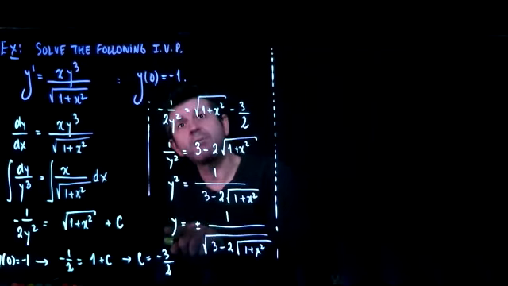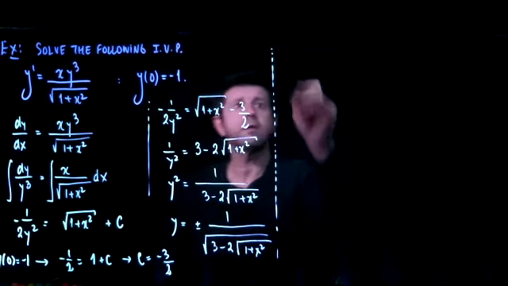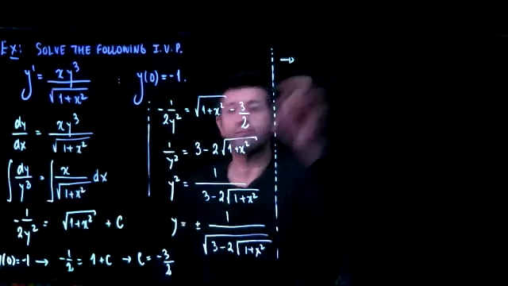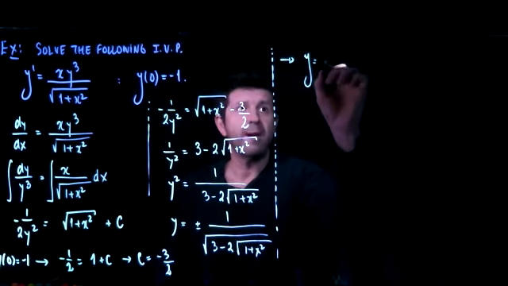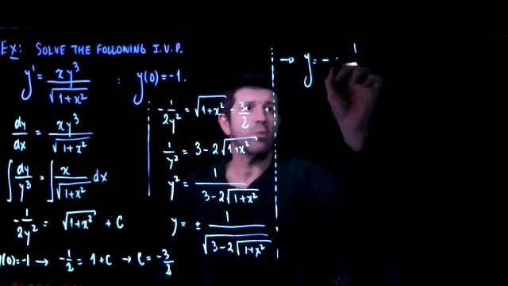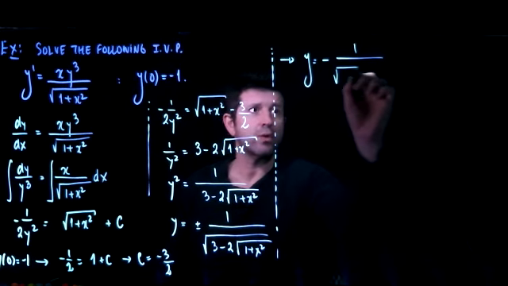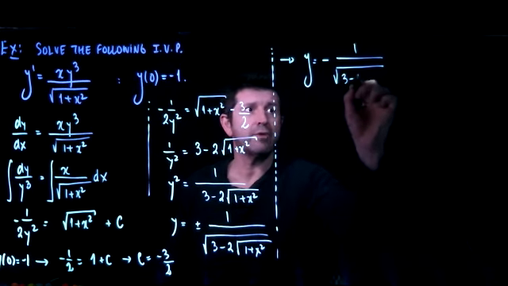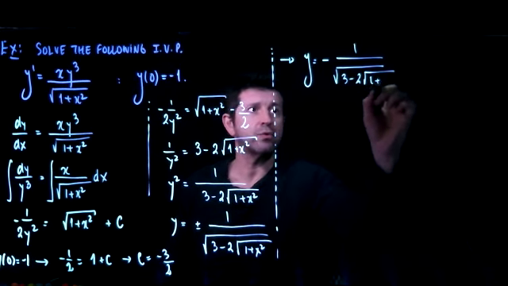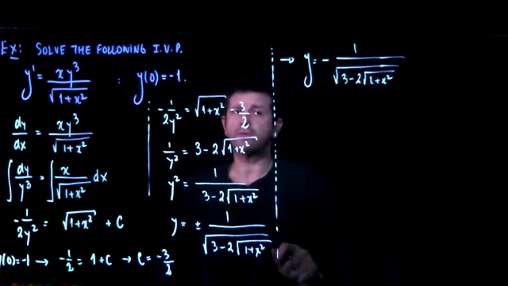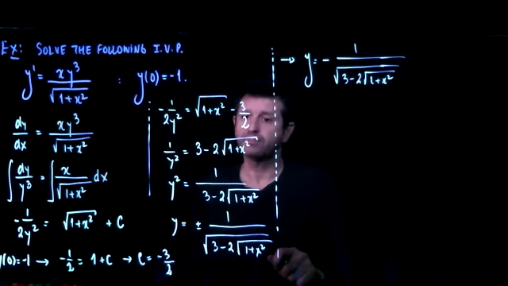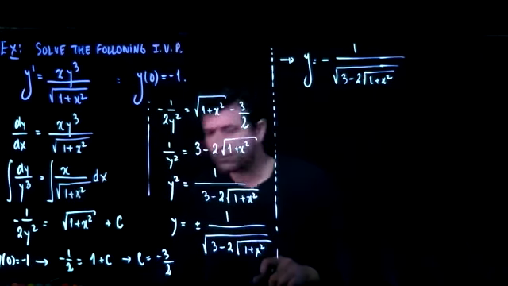And y has to be -1, so I need to take the minus, for my boundary condition to work. And so my solution will be -1 over the square root of 3 minus 2 square root of 1 plus x^2. That's my solution.